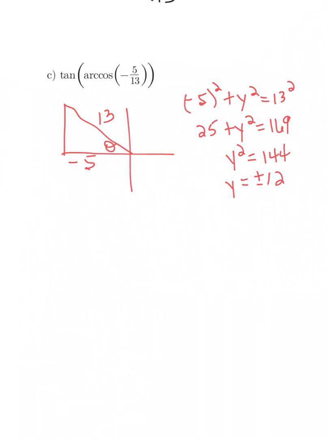In the second quadrant, y is positive. So y is positive 12. Now we want to do the tangent for that angle theta. The tangent is going to be the y over the x, so we're going to have 12 over negative 5. Done.